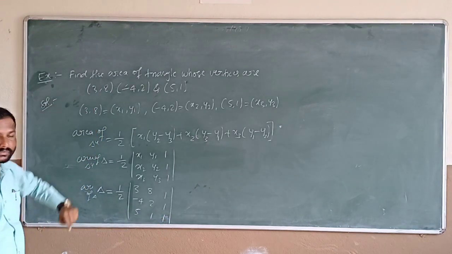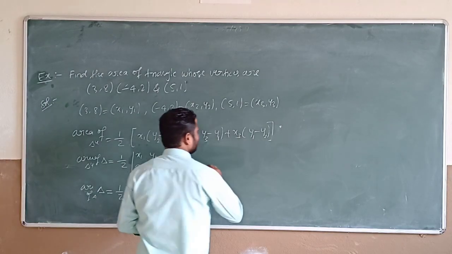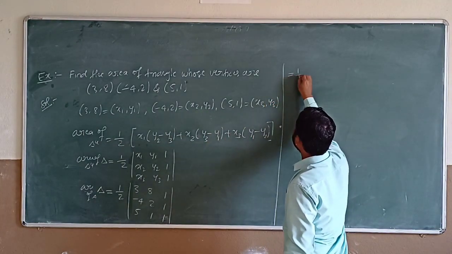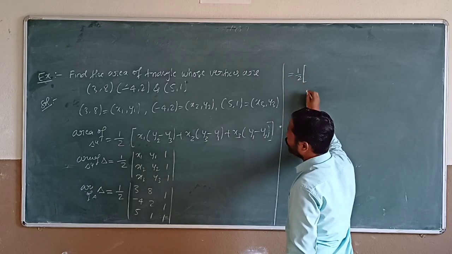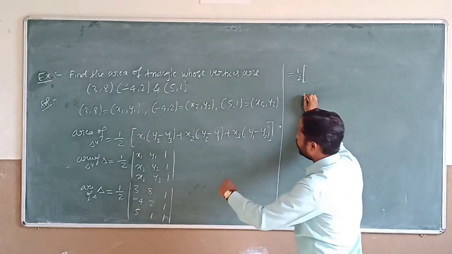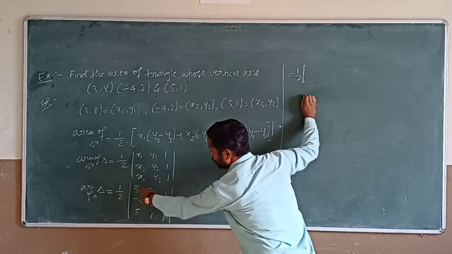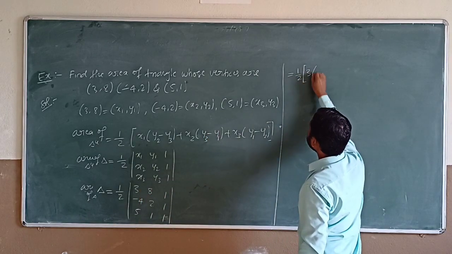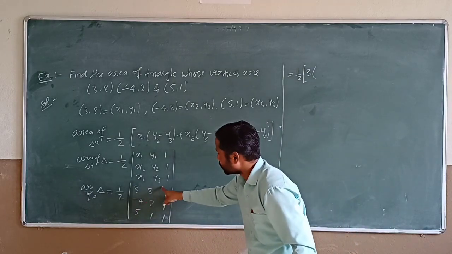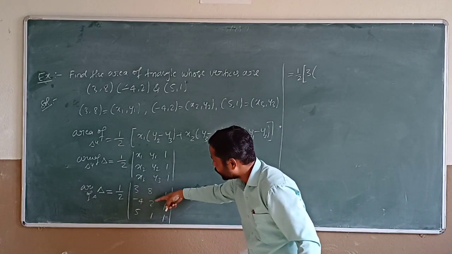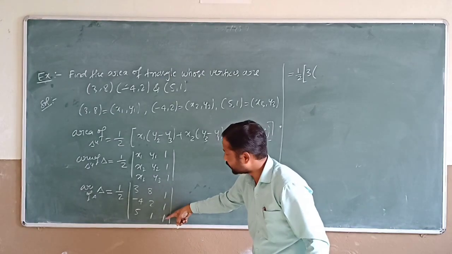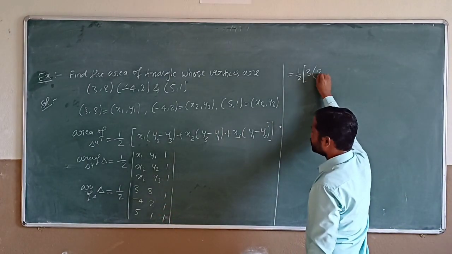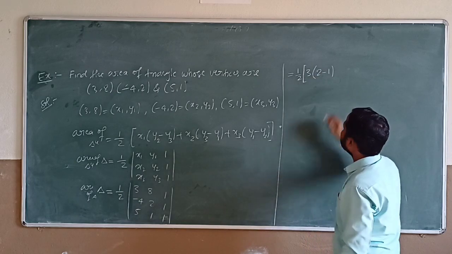Let us start the expansion, right? The area of the triangle is equal to 1 by 2 into 3 into, deleting the first row and first column, 2 ones are 2 minus 1 ones are 1, right?